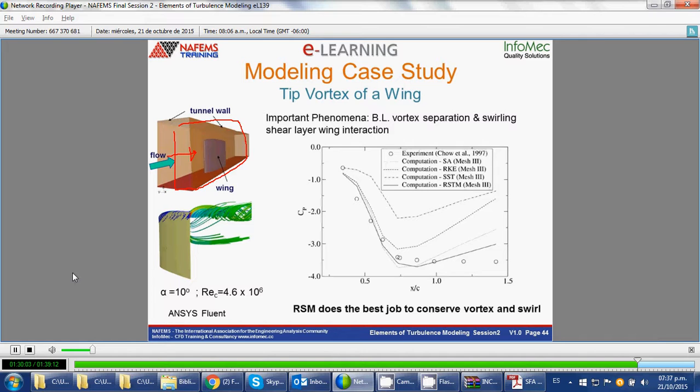The phenomena that they thought were very important here were boundary layer vortex separation and swirling of the shear layers, and they looked at the SA model, realizable K epsilon, SST and RSTM, and they saw that the RSM methods did really well for this case.